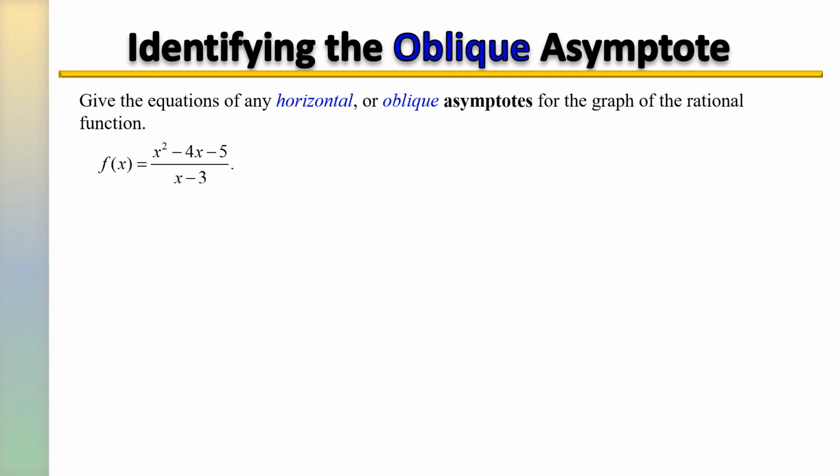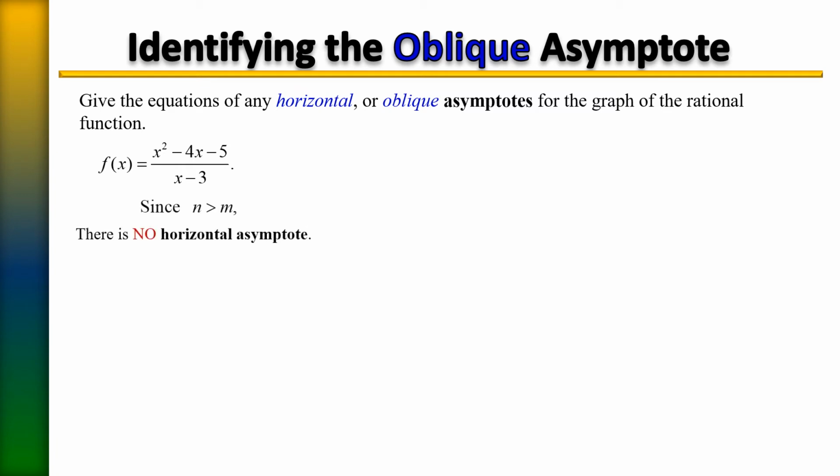In this example, we're asked to give the equation of any horizontal or oblique asymptotes for the graph of the rational function given. So let's take a look at the degree of the numerator is 2. The degree of the denominator is 1. Recall, when the degree of the numerator is greater than the degree of the denominator, then there is no horizontal asymptote.